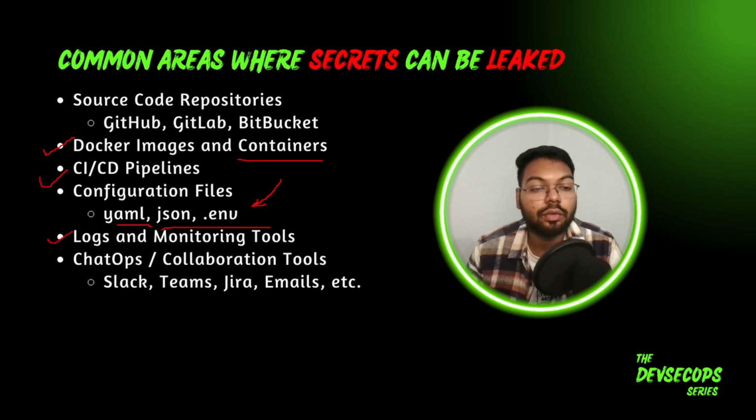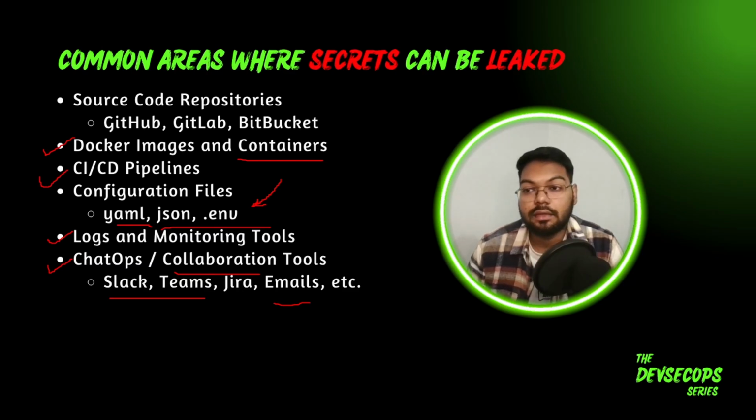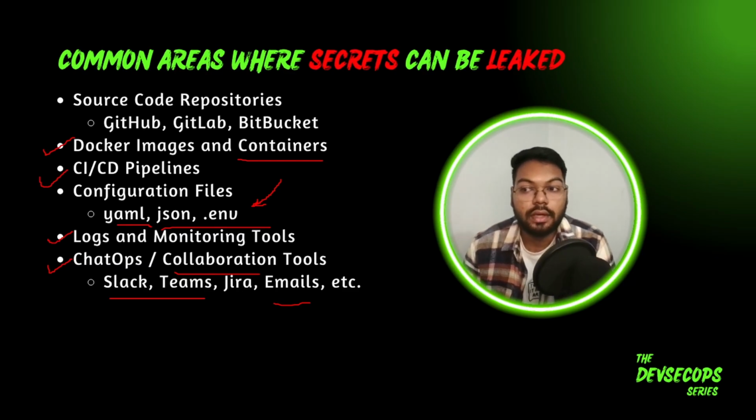Then logs and monitoring tools, and then ChatOps or collaboration tools. On your team's app, you might share a password with some person in your development team, your colleague, or in an email if you want to give access to a certain person, and somehow it got leaked by mistake. Then it could be a threat to you.